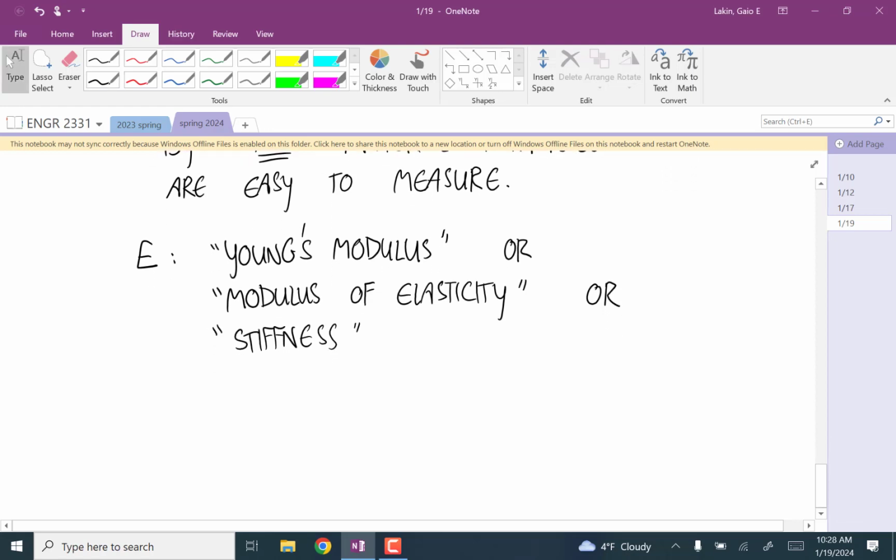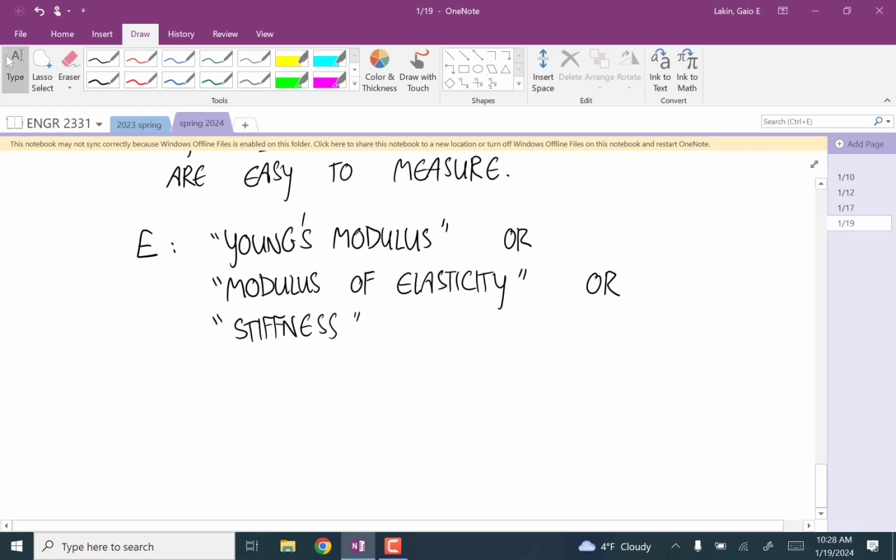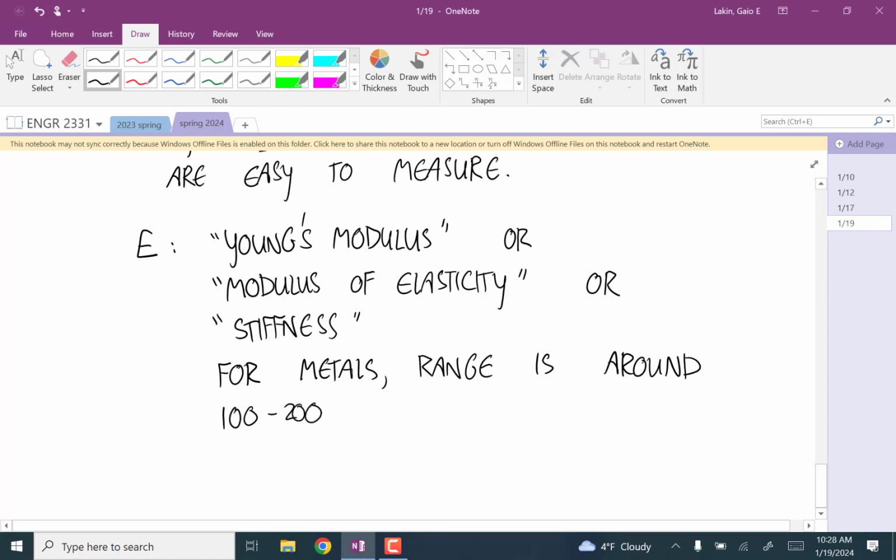And the second one, for metals, let me give you sort of a ballpark range for this. The range is somewhere around 100 to 200 gigapascals, so 1 times 10 to the 9th pascals.